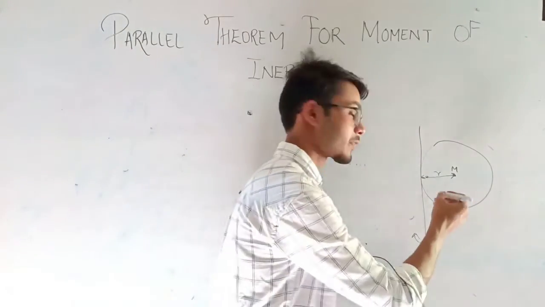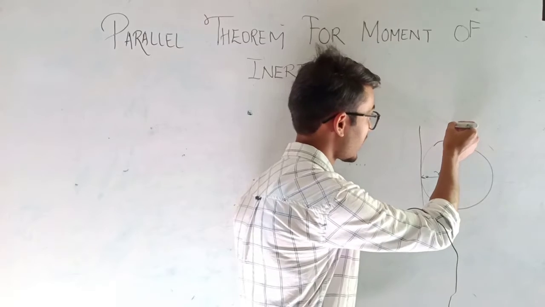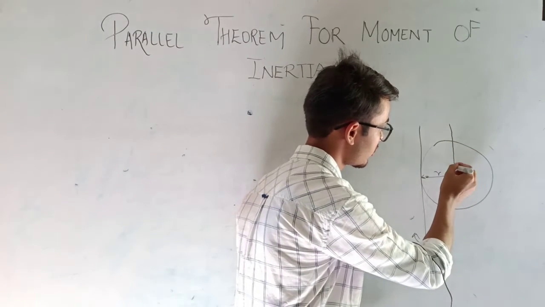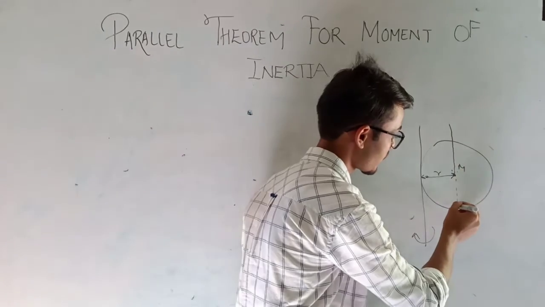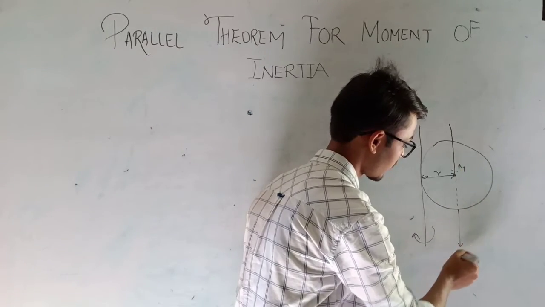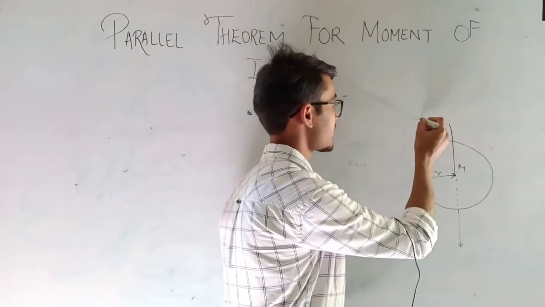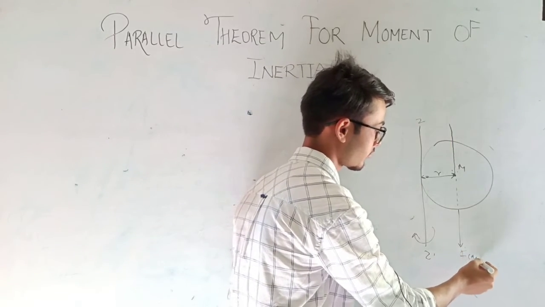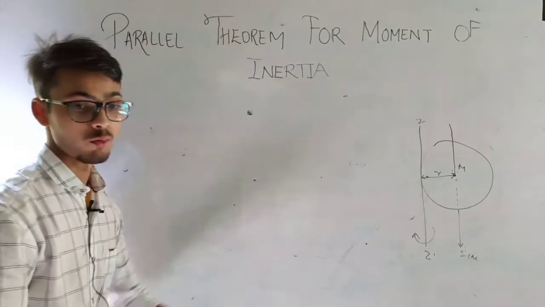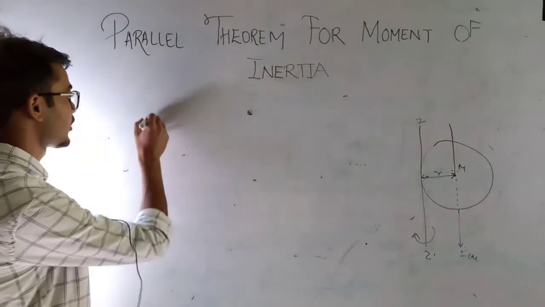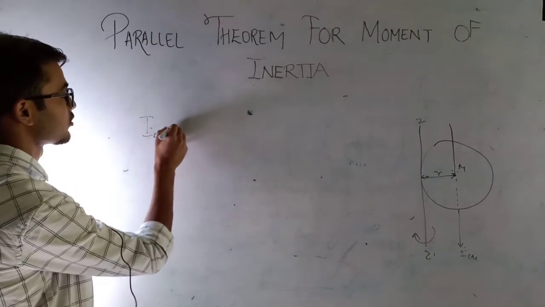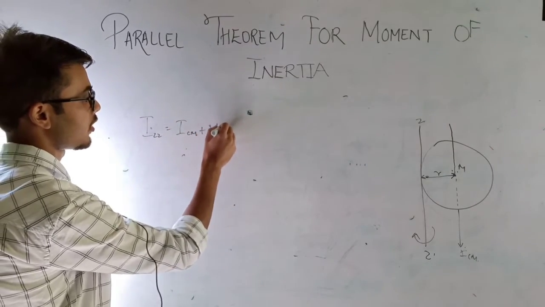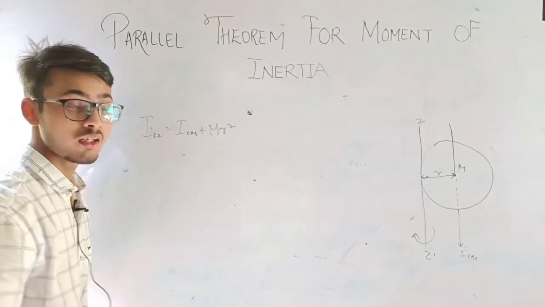We should apply the parallel axis theorem, and we need to pass an axis through the center of mass. Let's name this the ZZ axis, this as I cm. Now what is the moment of inertia? IZZ equals I cm plus m r square.